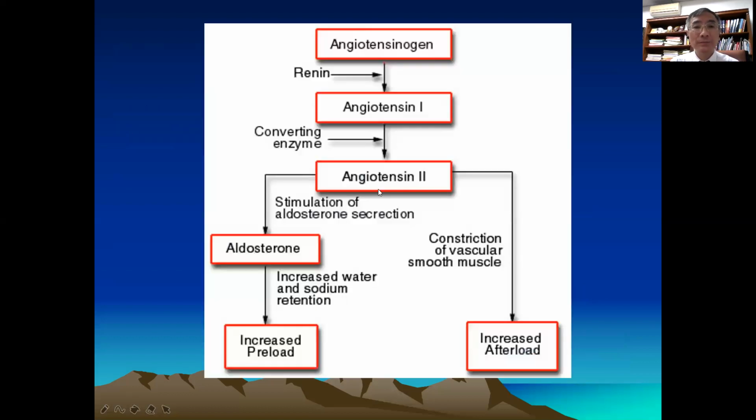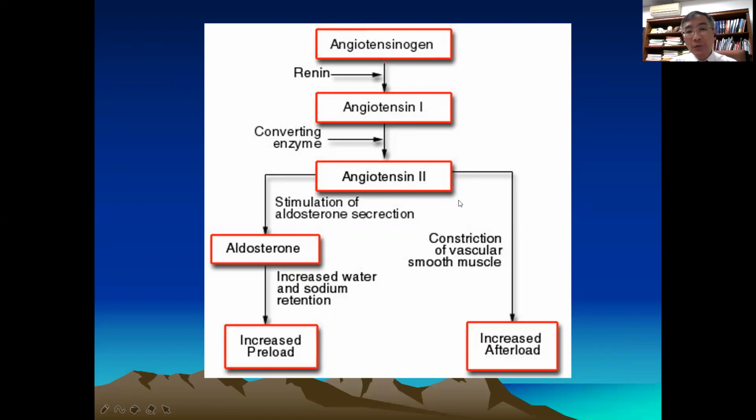This system is important to remember, the renin-angiotensin system in hypertension, because many of the pathophysiological processes and treatment can be explained from this system. In our body, angiotensinogen is converted to angiotensin 1 by renin, and angiotensin 1 becomes angiotensin 2 through the angiotensin converting enzyme.